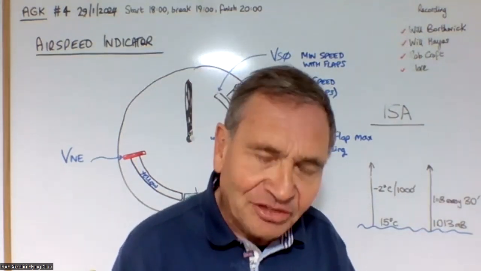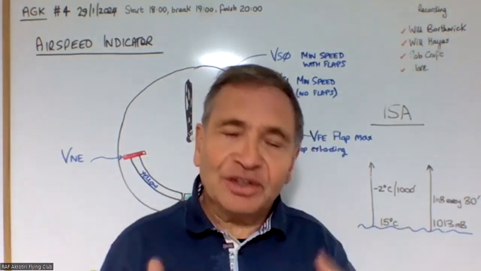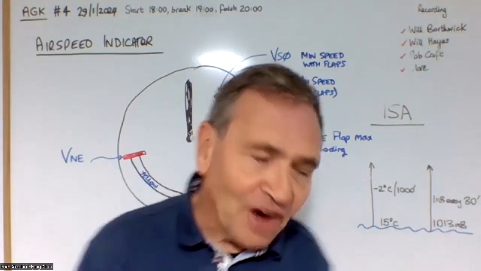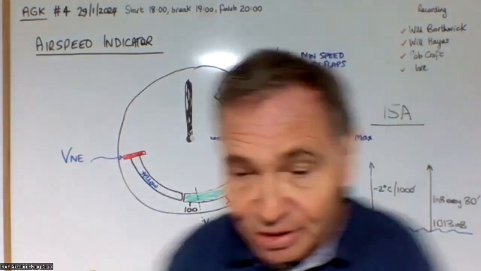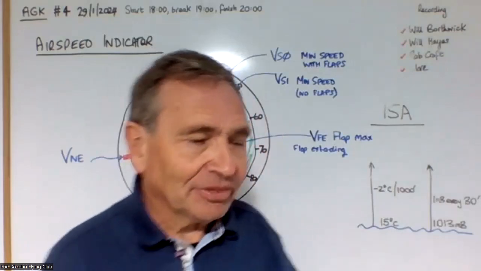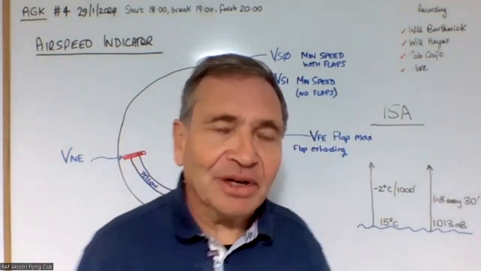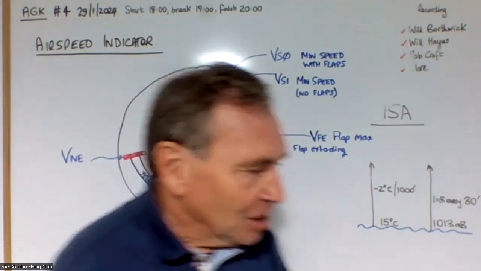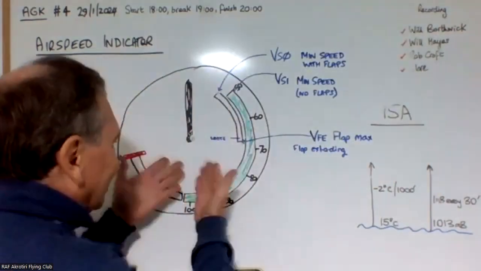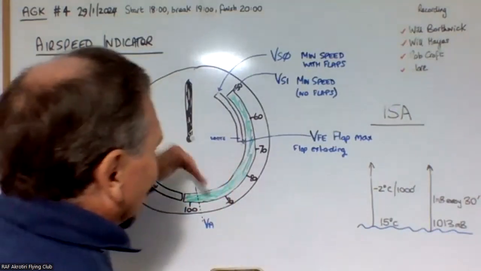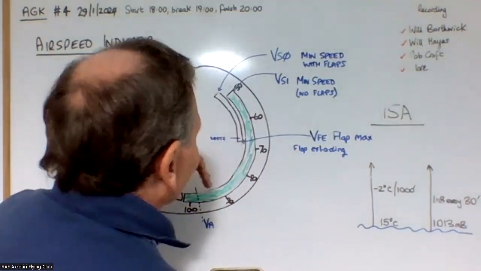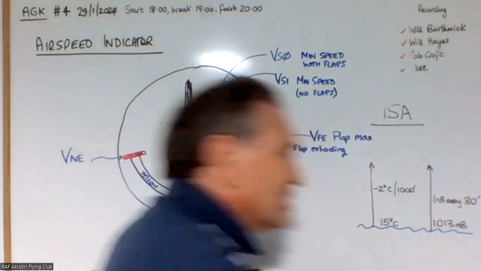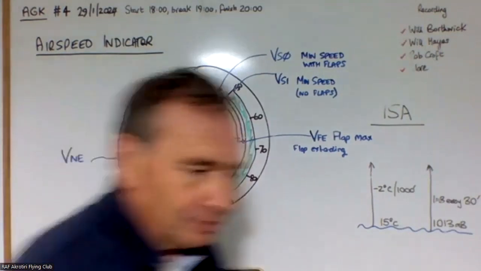In actual fact, over the ground, if we looked at its GPS readout, it would be doing substantially more than 500 miles an hour. It'd probably be doing more like 600 miles an hour. So in other words, you've got 100 mile an hour worth of increase in speed over the ground for nothing. But of course, the airspeed indicator is still going to show like 500 miles an hour, even though in reality, your speed over the ground is 600 miles an hour.